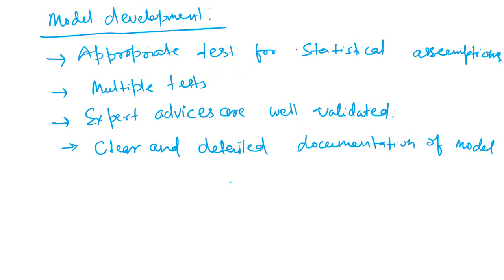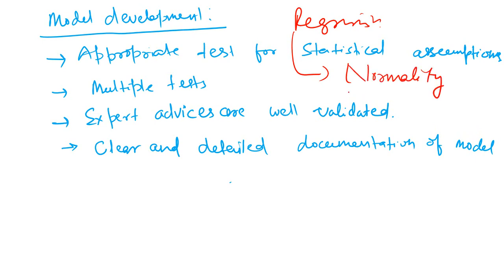Every model has a lot of assumptions. For instance, if you're using a regular linear regression model, many times you use the normality assumption, although it's not a compulsory thing, but for interpretation of the confidence interval, the t statistics, and so on, normality is a strict criterion for linear regression.